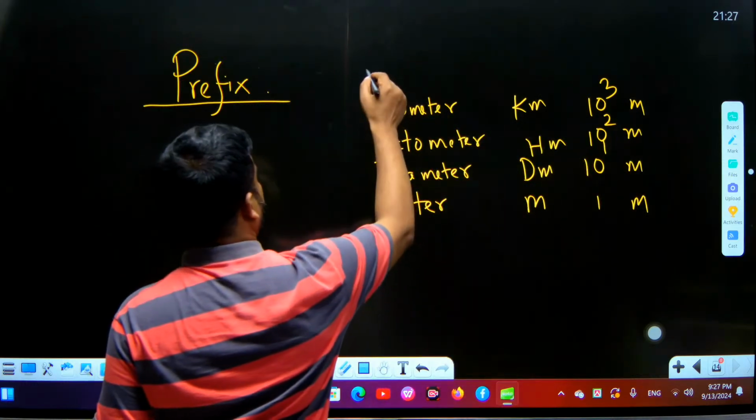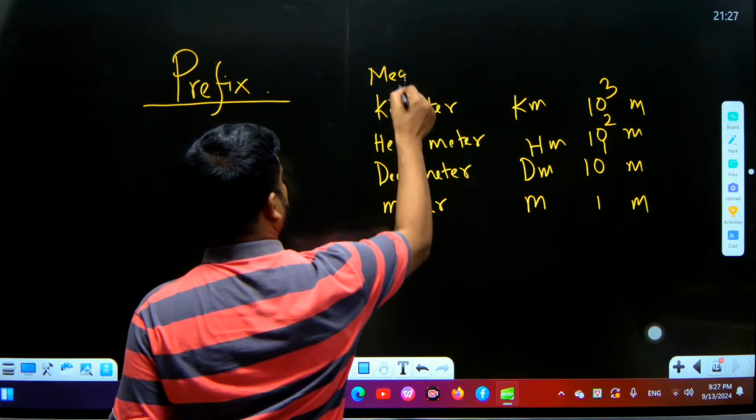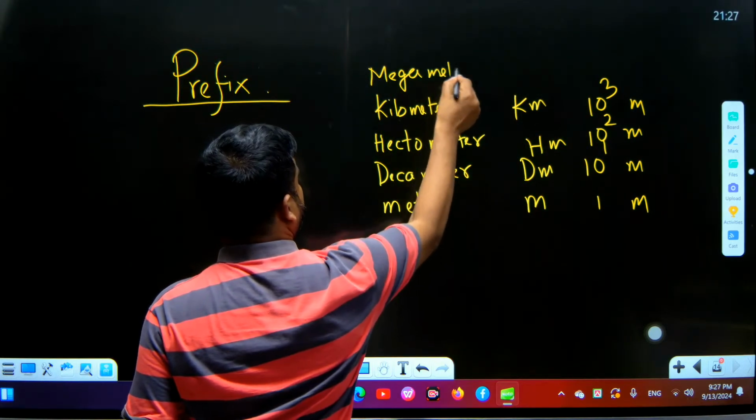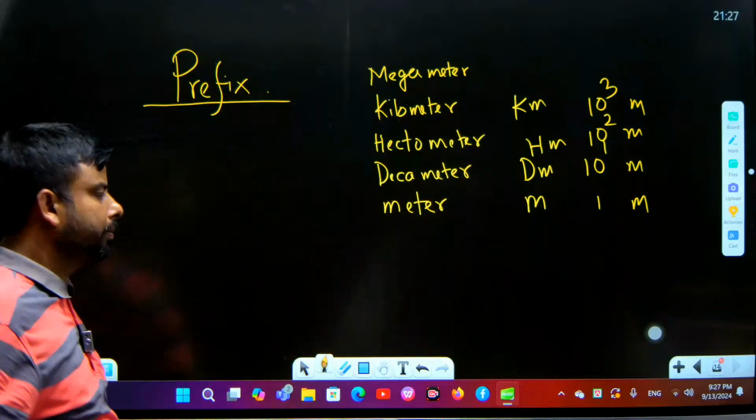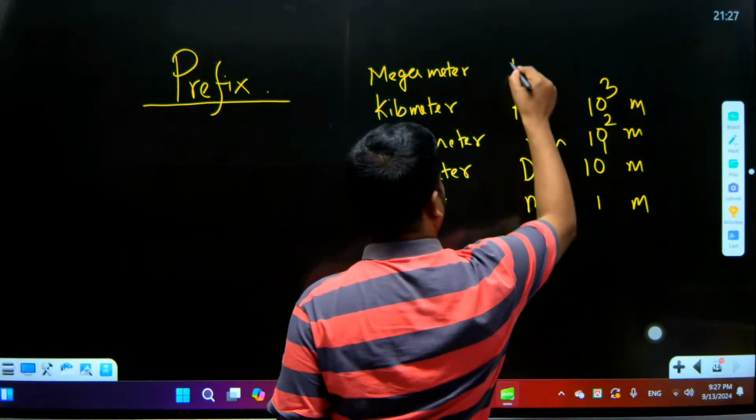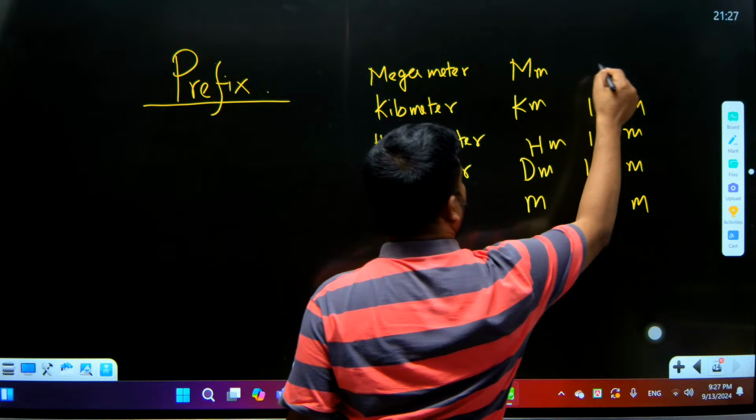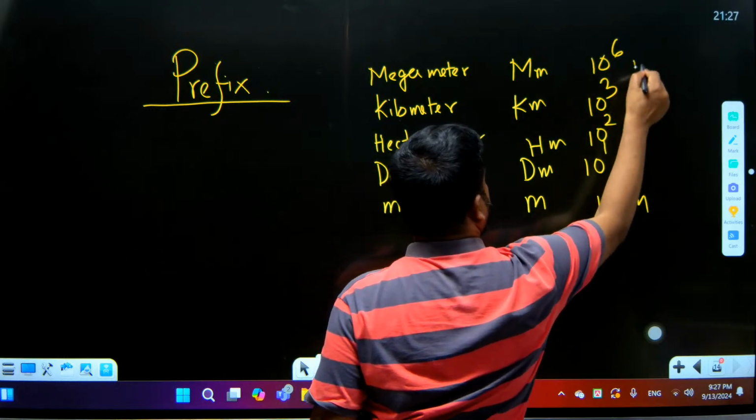Kilo, then megameter, short form capital M, so mega means 10 to the power 6.